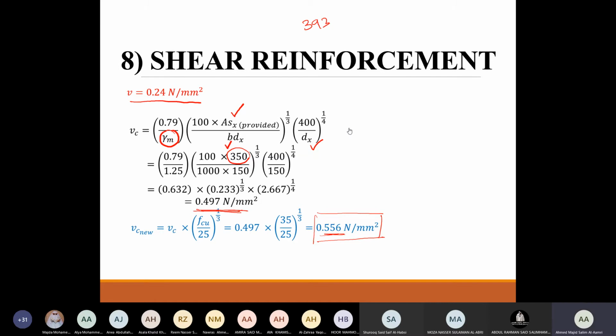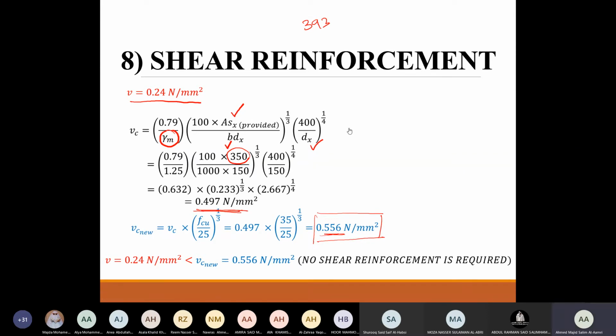The load is causing a stress of 0.24, which is lesser than 0.556 and can be handled by the concrete. So in this scenario, 0.24 is lesser than vc, so no shear reinforcement is required.